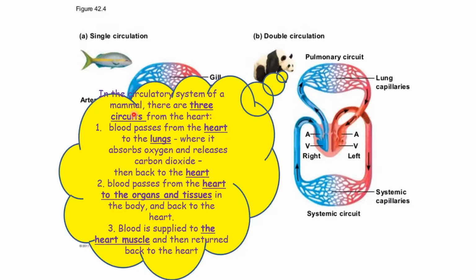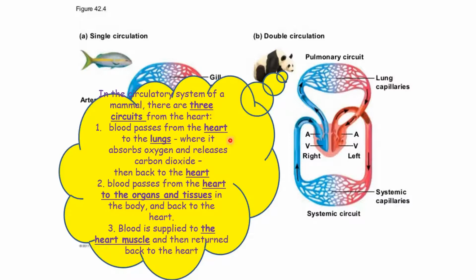So we have already talked about the 3 circuits. Blood passes from the heart to the lungs. We are talking about this one right now, where it absorbs oxygen, releases carbon dioxide, then back to the heart, right? Then blood passes from the heart to the organs and tissues in the body, and then back to the heart again, right? And we have already talked about this coronary circuit, where blood is supplied to the heart muscle and then returned back to the heart, right?